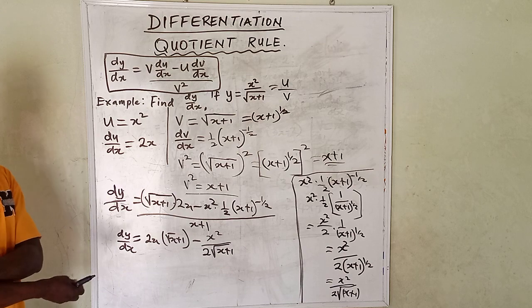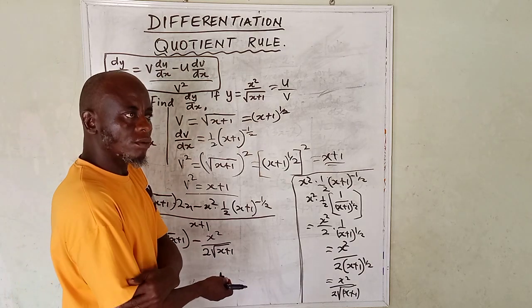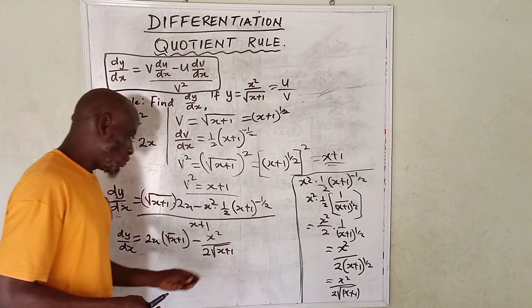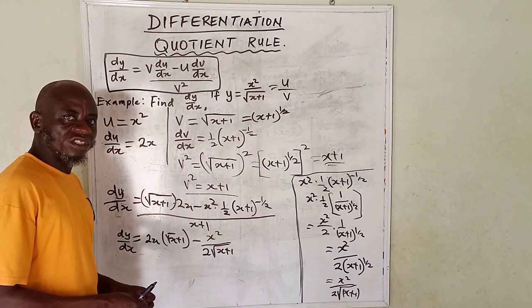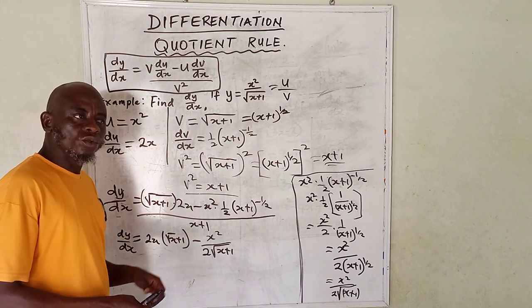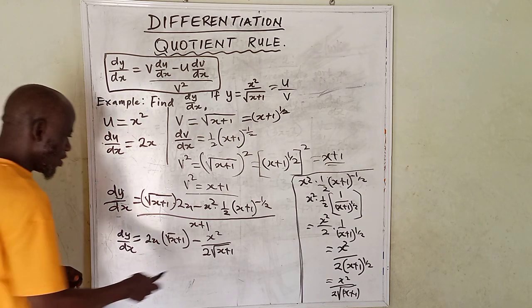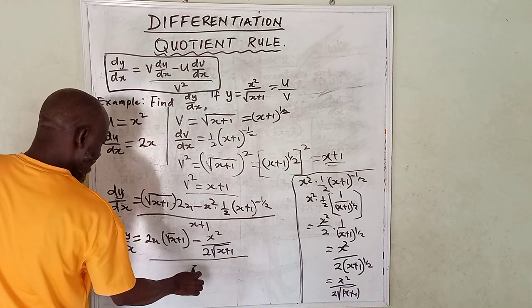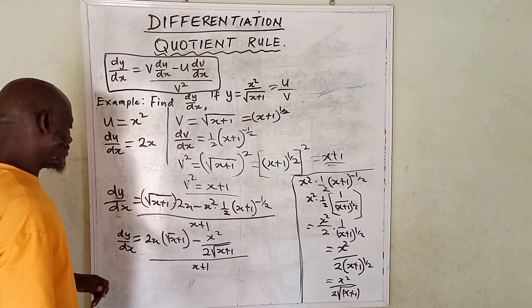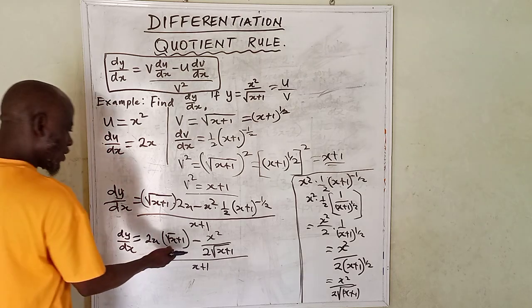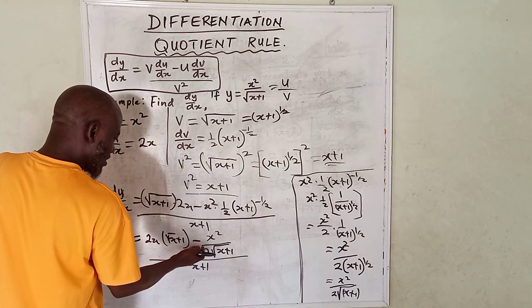If you are confused, you can see me or message me under that you don't understand how we have gotten this, or you look over the video again. Now, everything all over x plus 1. Yes. Now we have this. This is like a fraction.